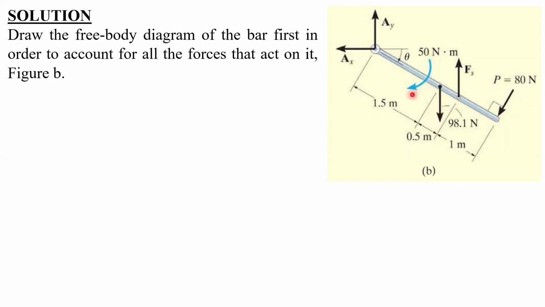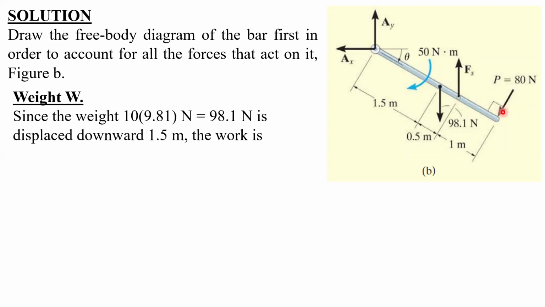Then this is the couple moment, and this is force P. Since the weight is 10 kg times 9.81 meters per second squared, it's 98.1 newtons, and it acts downward.